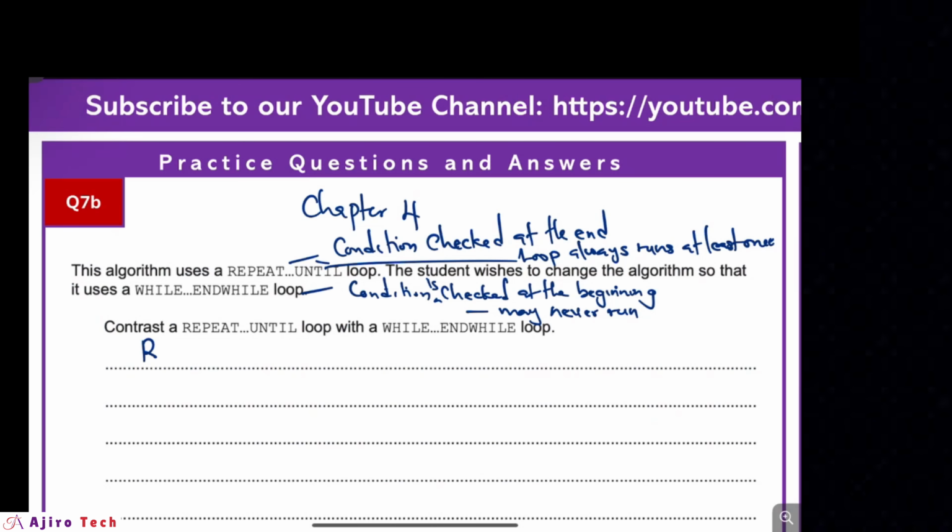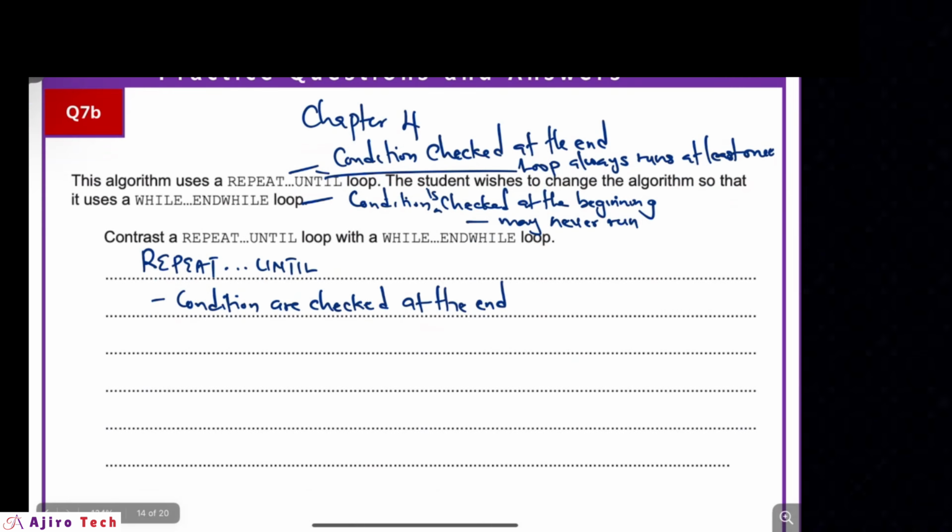So repeat until: conditions are checked at the end, and the loop always runs at least once.